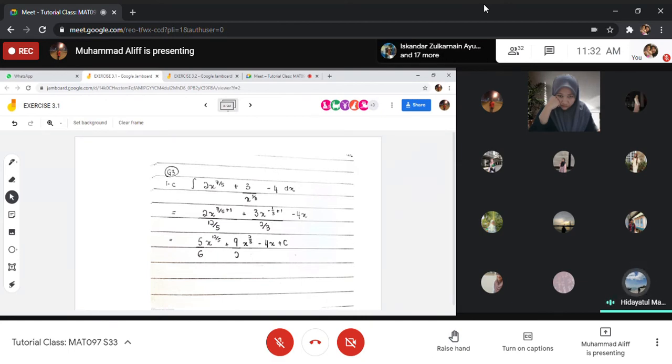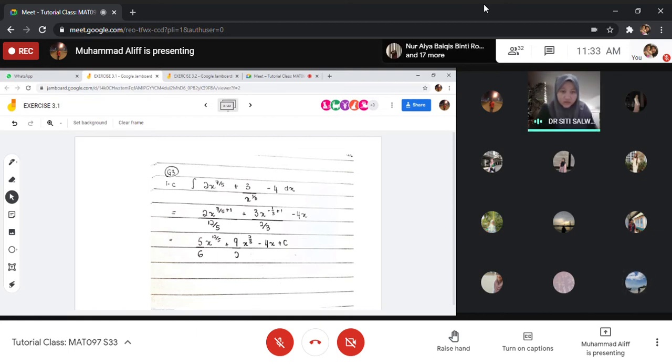So I simplify, we get 5/6 to the power 12/5 plus 9/2 x to the power 2/3 minus 4x plus c.